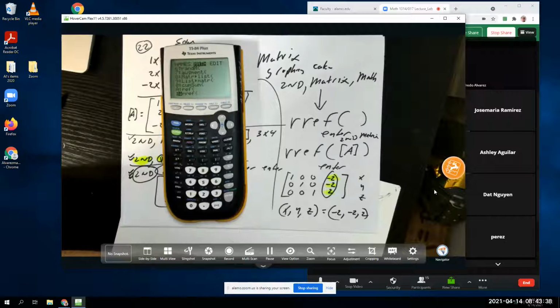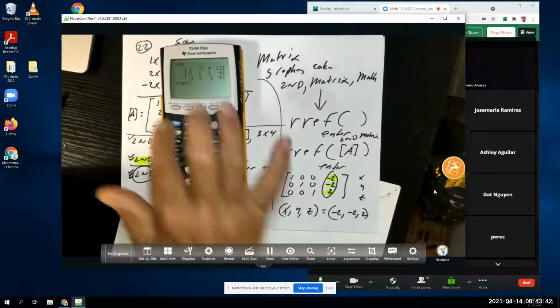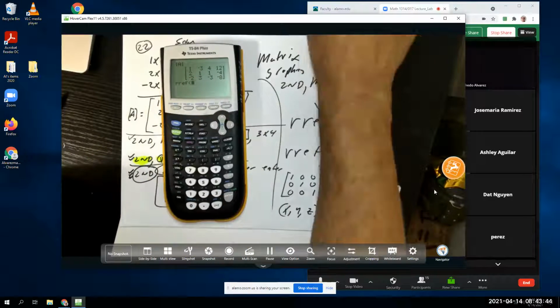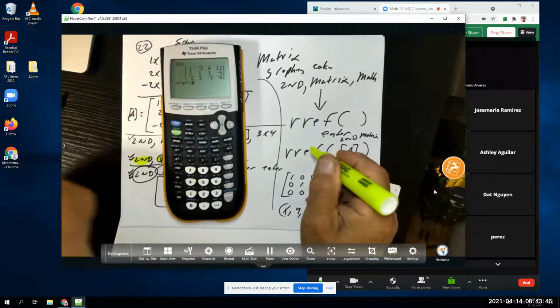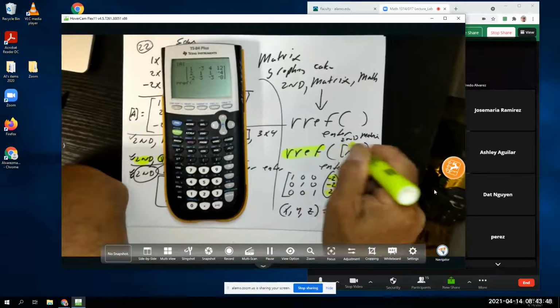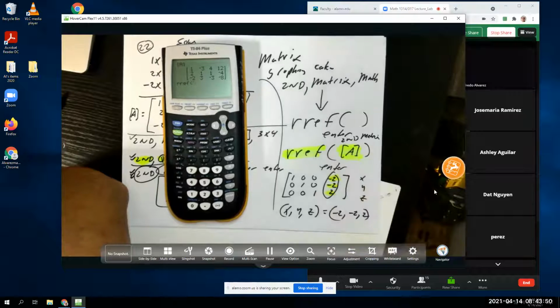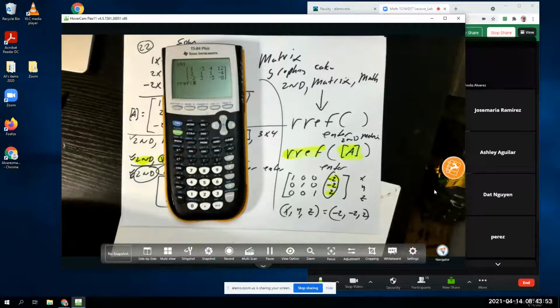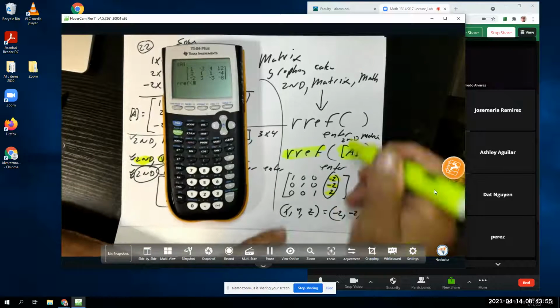Did you get that one right there? All right, hit enter. Now it's going to say RREF of what? I want to have that A inside there to make it work. That's why I did this up here.